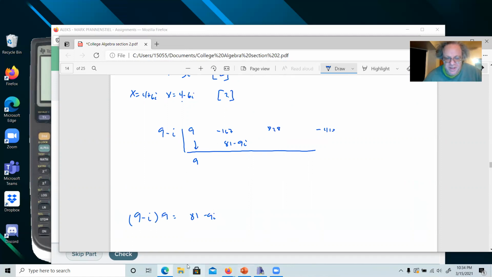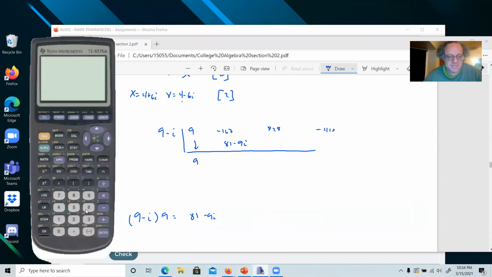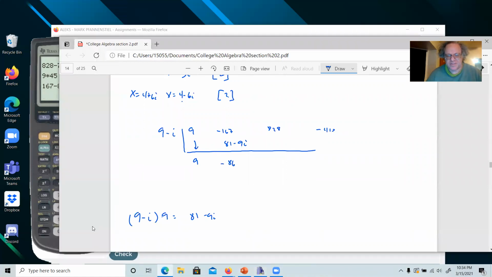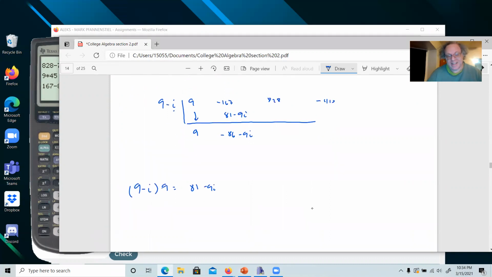So what we have here is the negative 167 plus 81. So we get a negative 86, minus 9i. Just added them. Next step is to take whatever we have here, the original c, and we're going to multiply it by that. So get ready. This is going to get more fun at this point.